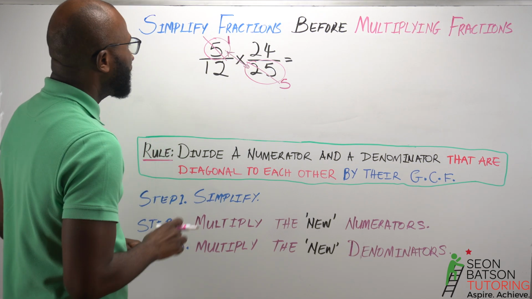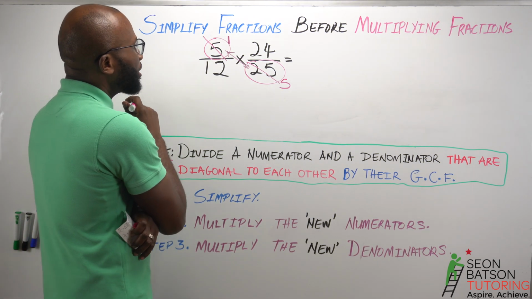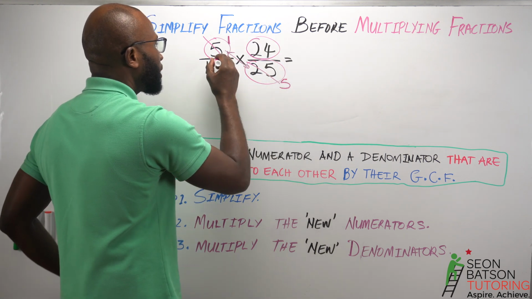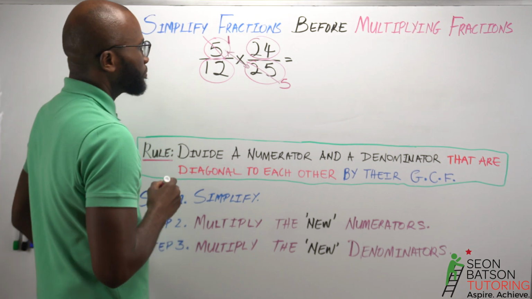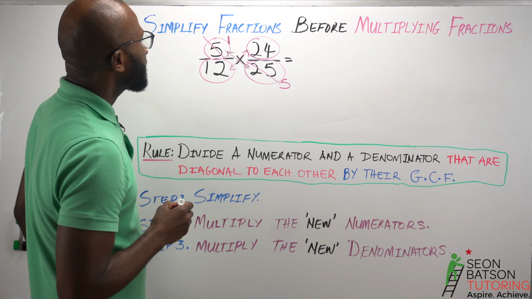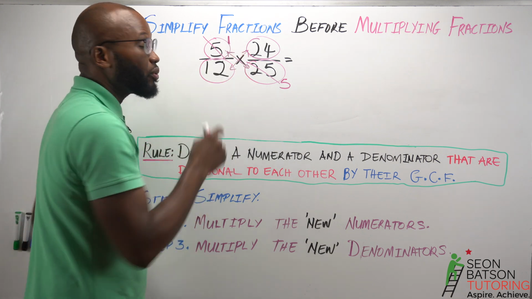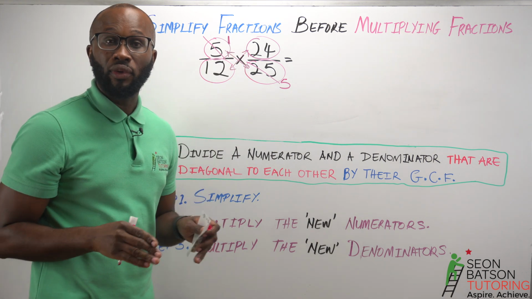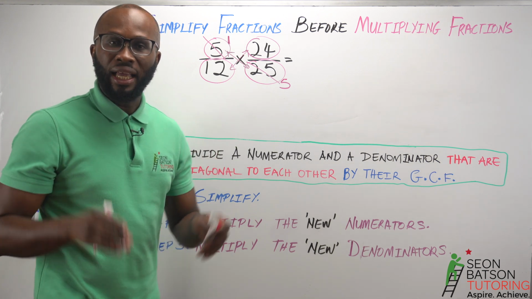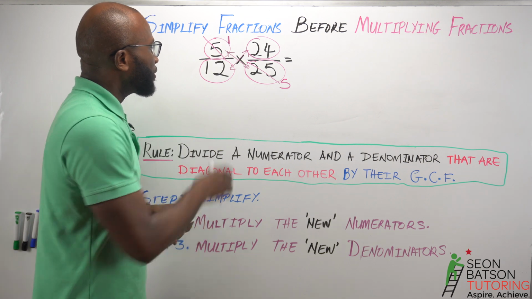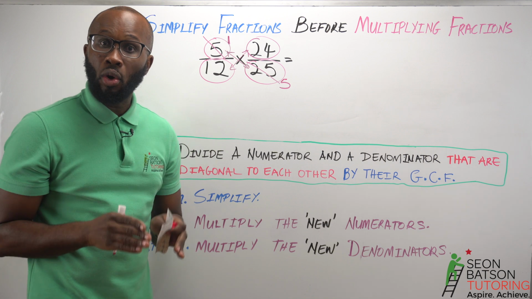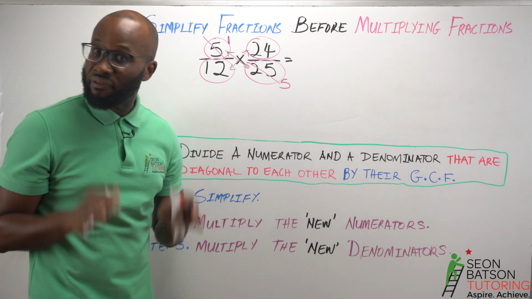Now, let's work with our second pair of numerator and denominator. Again, we can simplify 24 and 12 because they are diagonal to each other. To simplify 12 and 24, we can divide 12 and 24 by their greatest common factor. And again, the greatest common factor for 12 and 24 will be the biggest number that can go into 12 and 24 evenly.